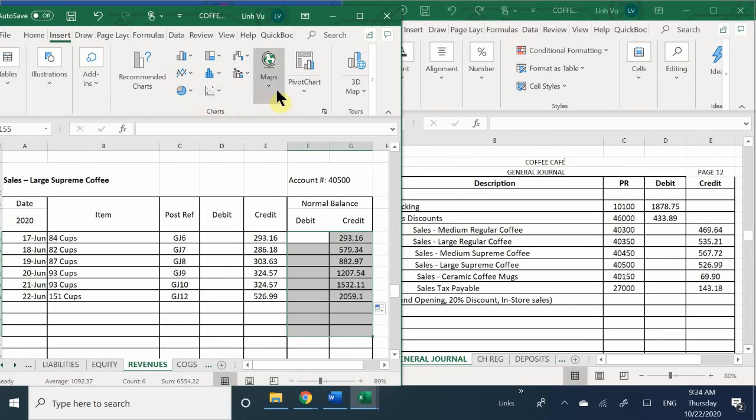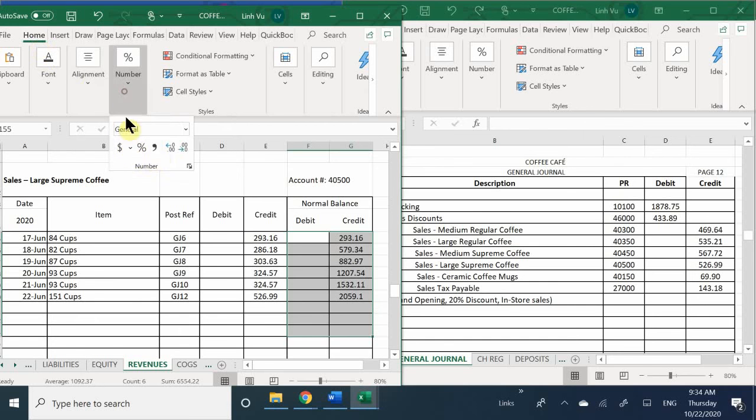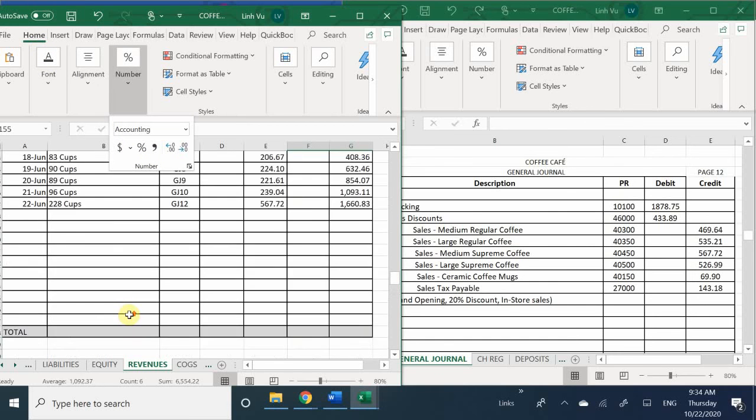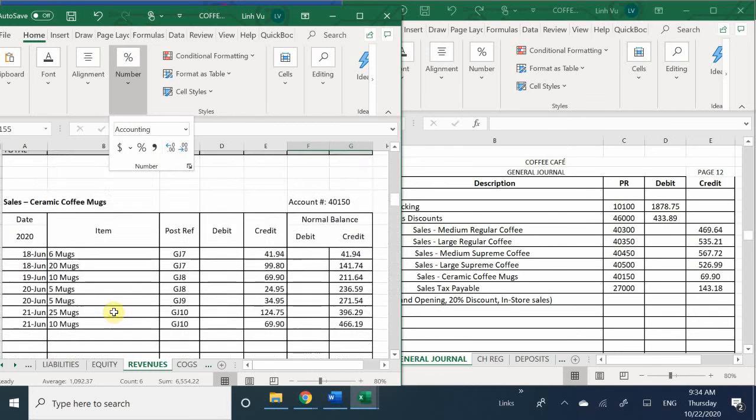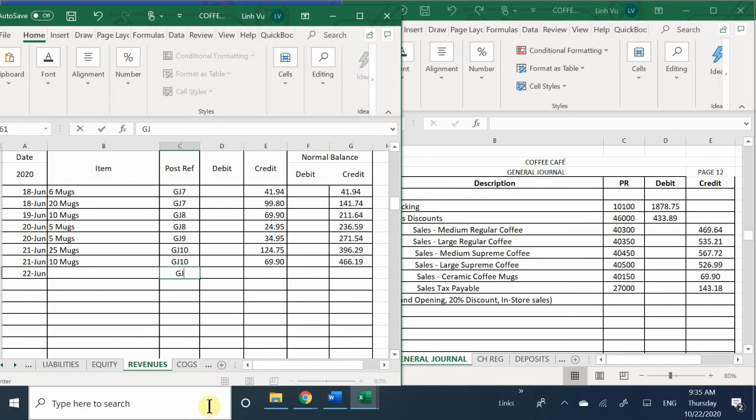Next would be the ceramic cup mugs. Okay. June 22nd, GJ12, for the price of 69.90.